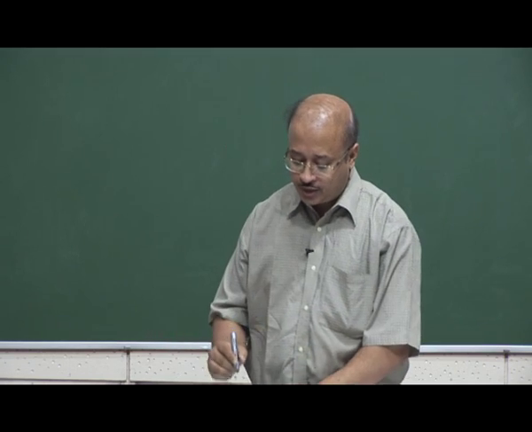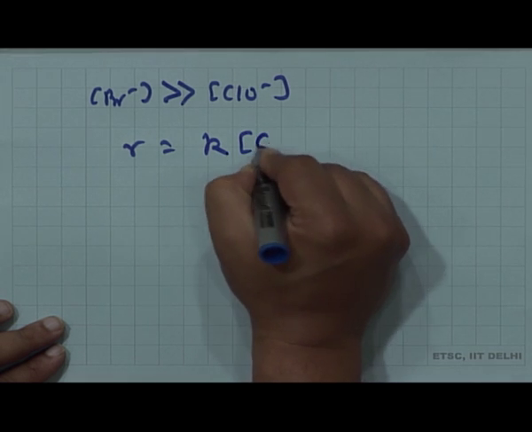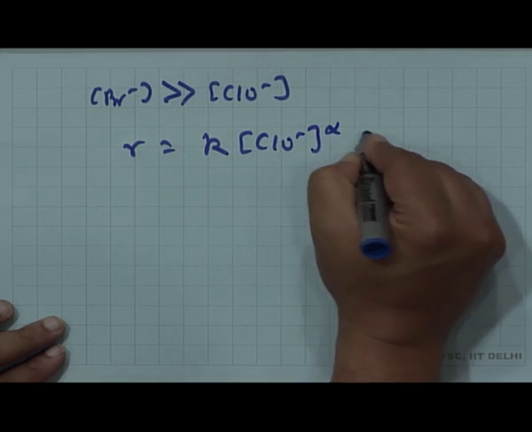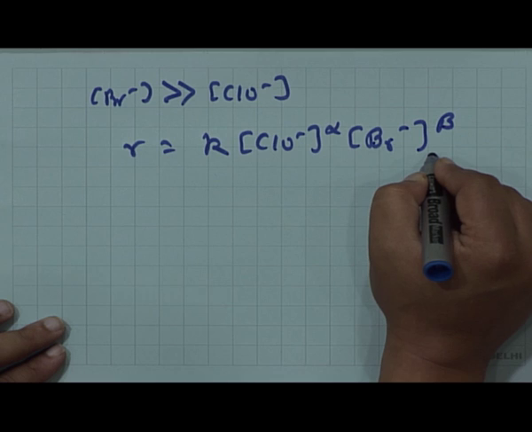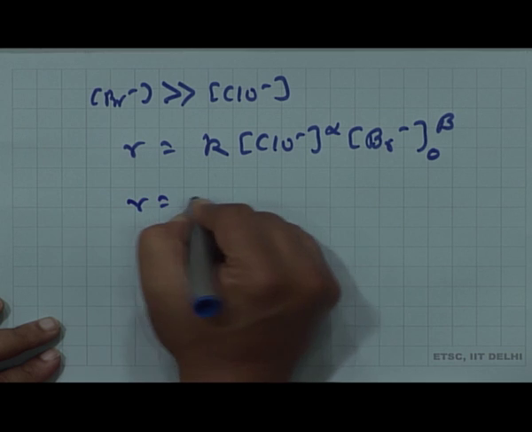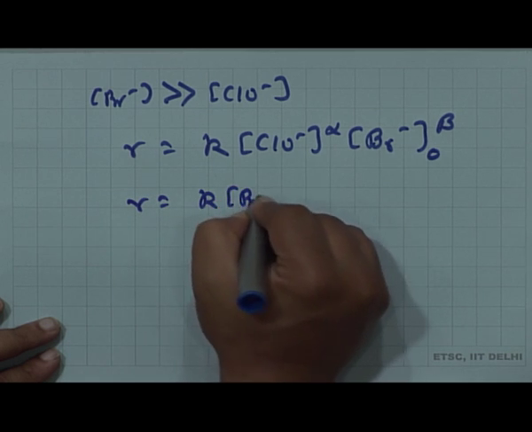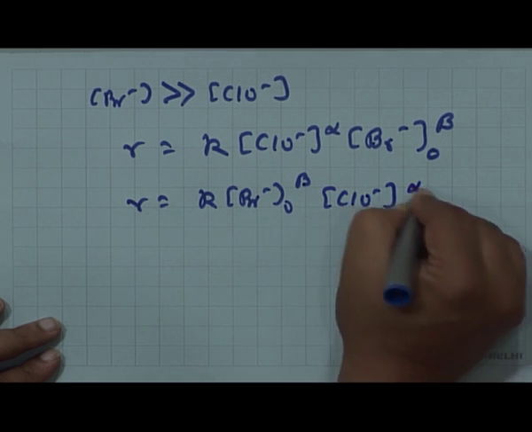Under those conditions, R can be written as K ClO minus to the alpha, then Br minus to the beta, but because Br minus is in large excess I can say that this is equal to Br minus 0, the initial concentration. So, then R is equal to K times Br minus 0 to the beta, times ClO minus to the alpha.